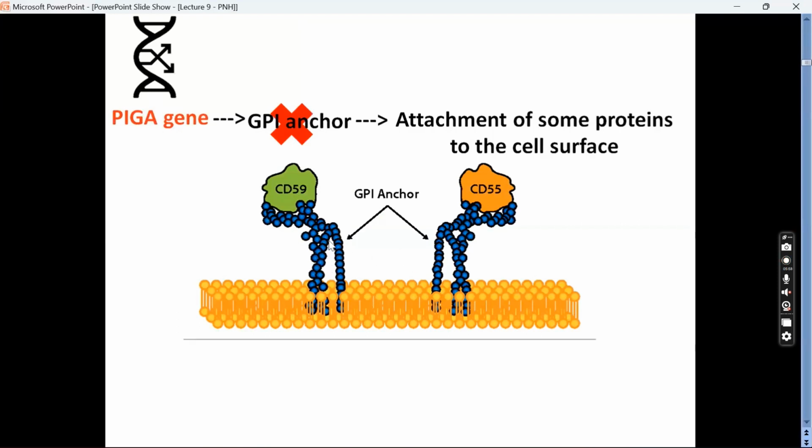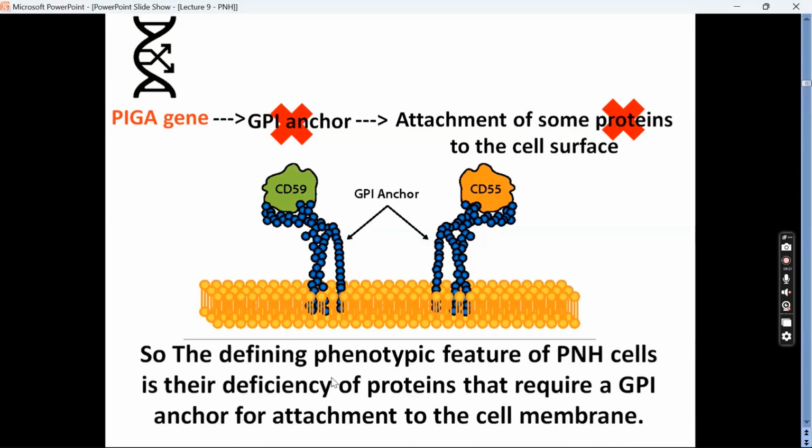So there will be loss of these cell surface proteins, and they will not be expressed on the cell surface. So now, how does this help in flow cytometry?